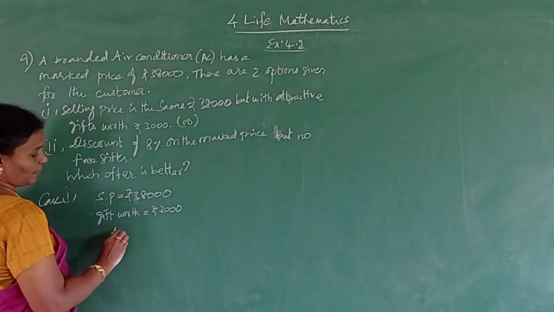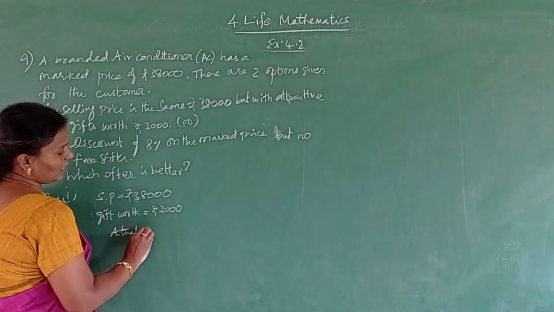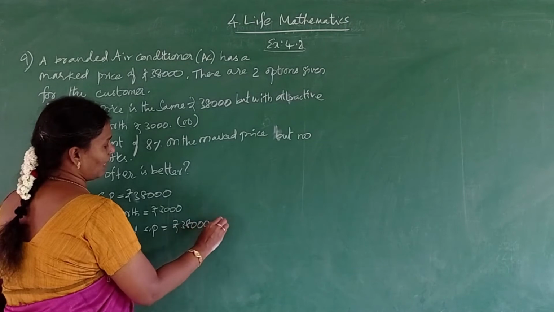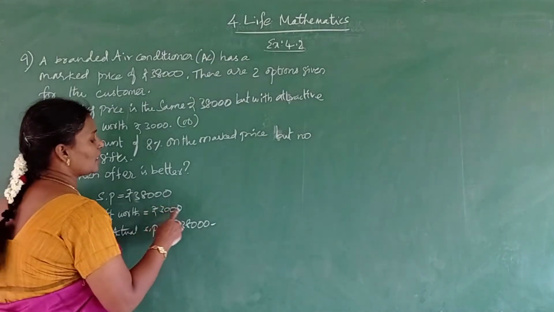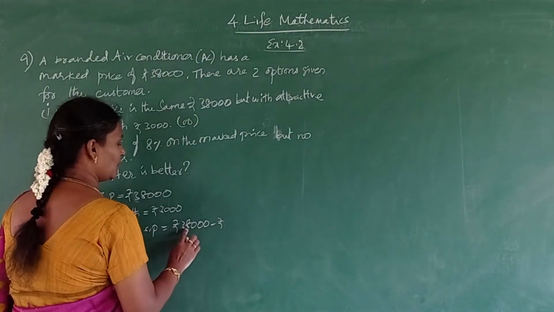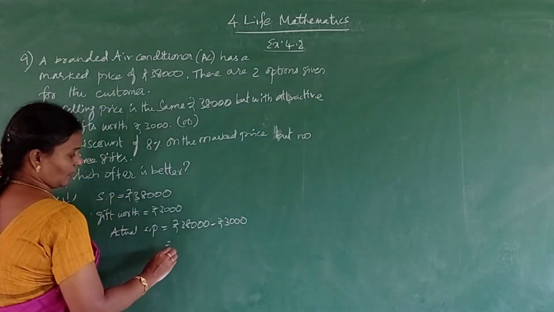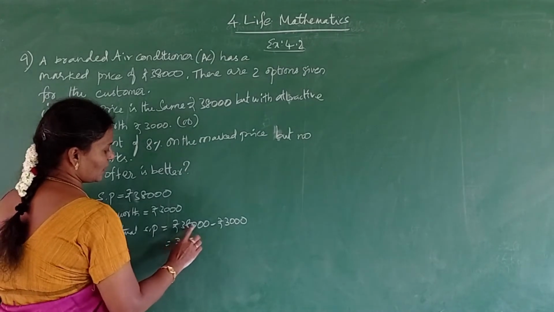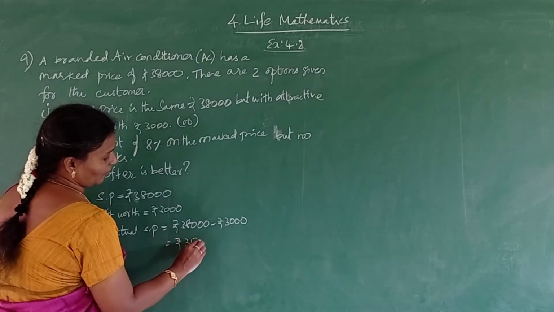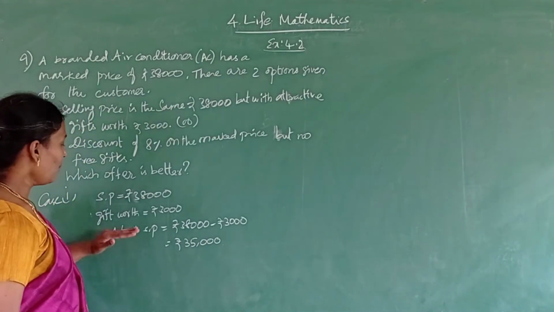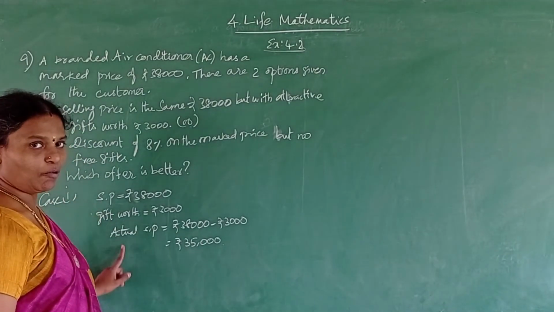The actual selling price is equal to rupees 38,000 minus the gift worth. So this 3,000 you have to subtract from the selling price. So the actual selling price is rupees 35,000. This is the bill amount, the first case bill amount.